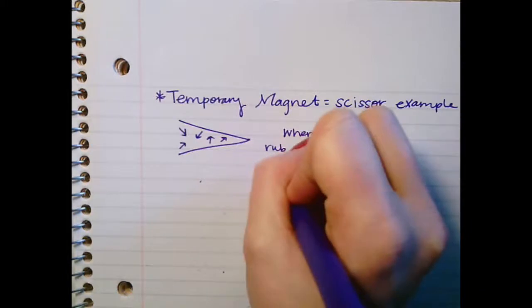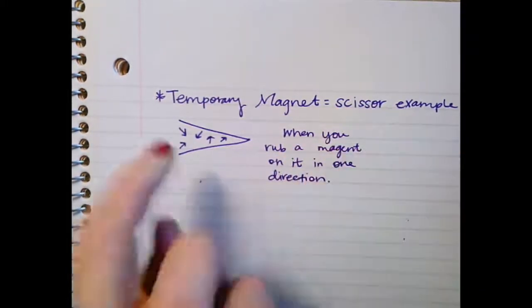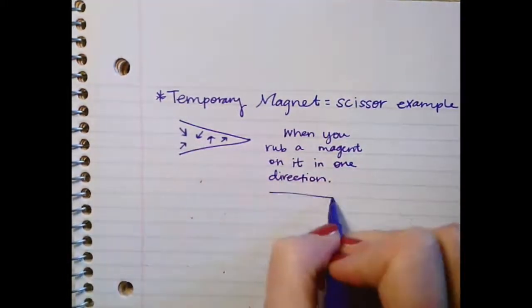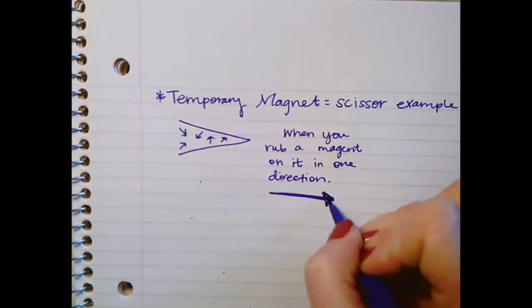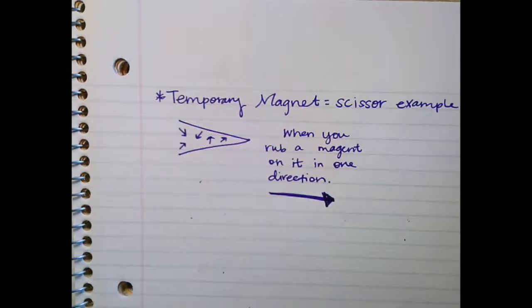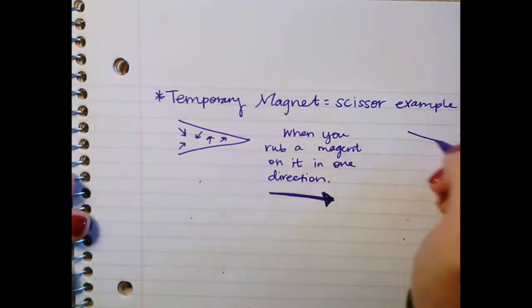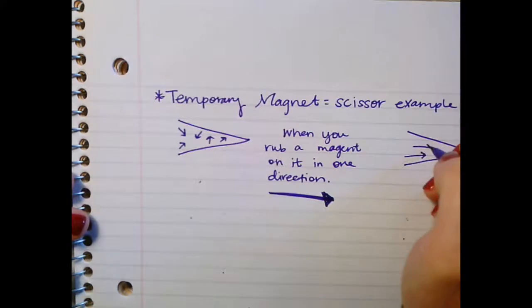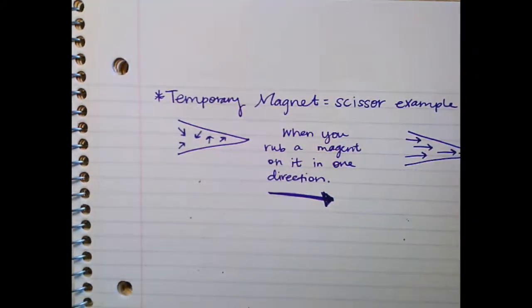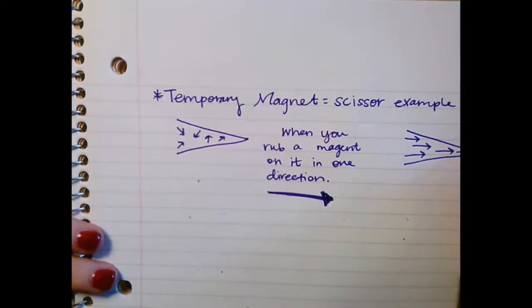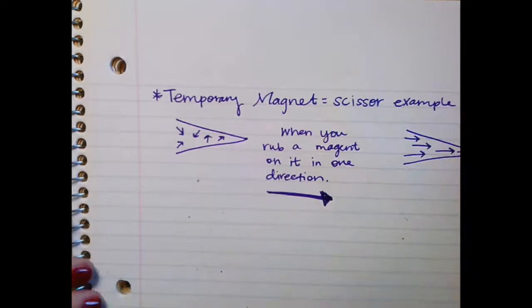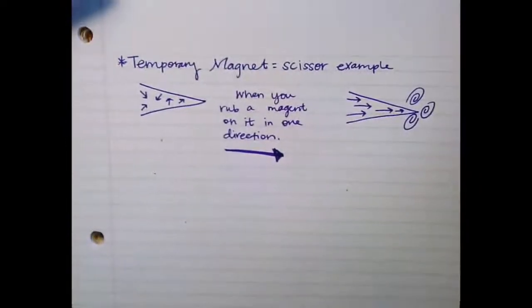in one direction, so if you rub them all going this way, they all will line up. Then your scissors will have all those arrows lined up pointing in that direction, which will then make it magnetic. So in class we were able to pick up paper clips. These are horrible drawings of paper clips, but it will then pick up the metal paper clips.